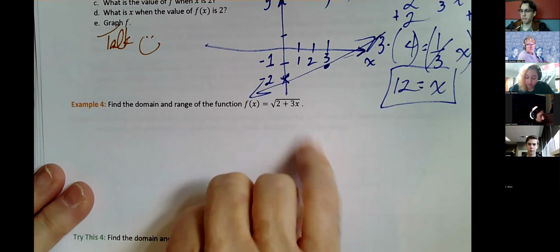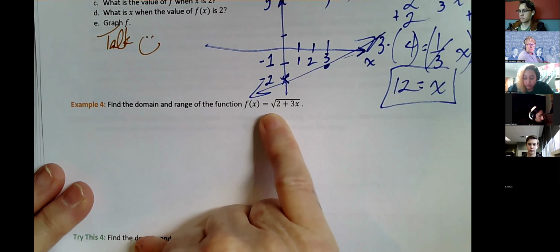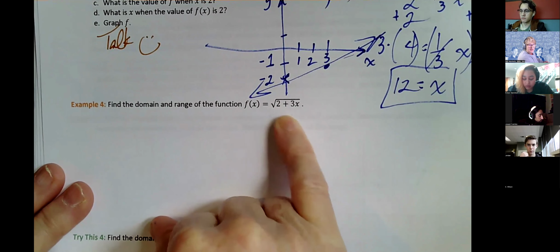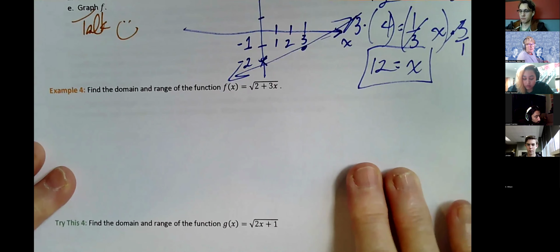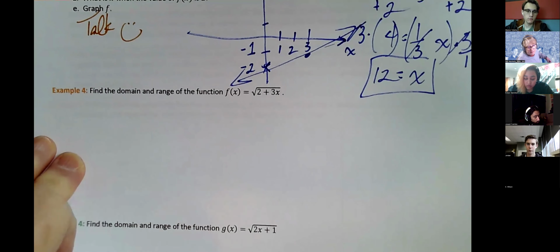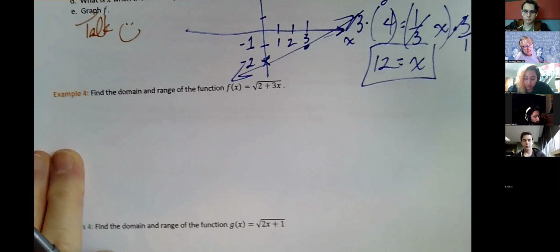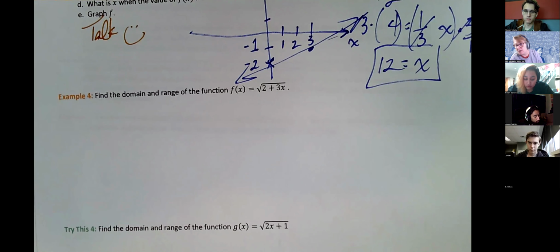So now we've got f of x is equal to the square root of 2 plus 3x, and we want to find the domain and range. Most of the time, especially when we're talking about graphing, we're talking about real numbers.